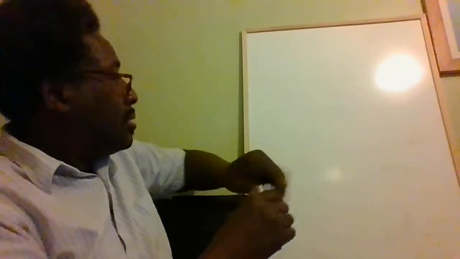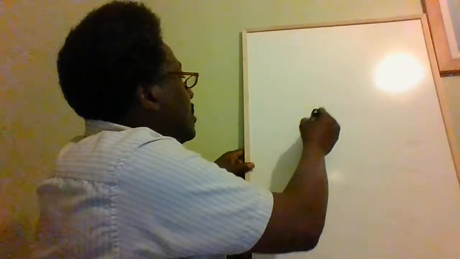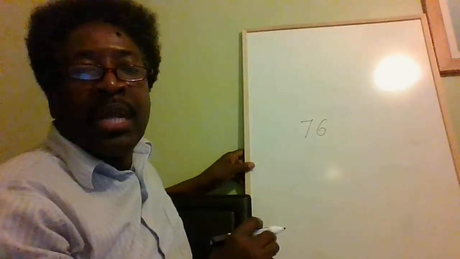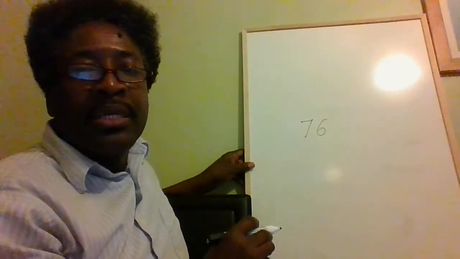So in the previous video, we learned how to write two-digit numbers in words. We learned how to write three-digit numbers in words. For instance, we learned how to write that number in words.